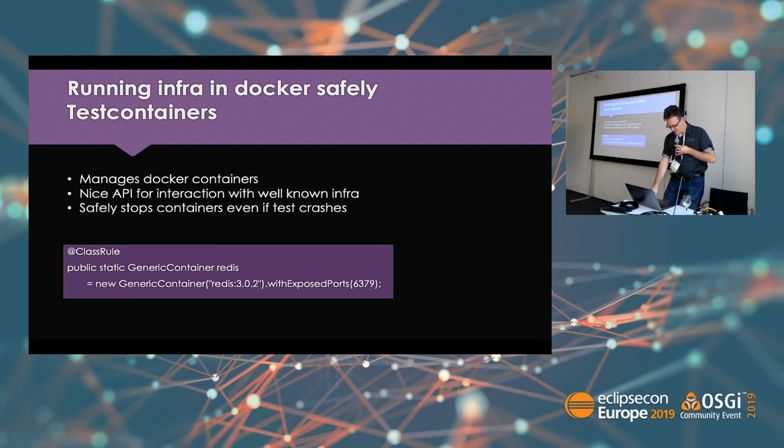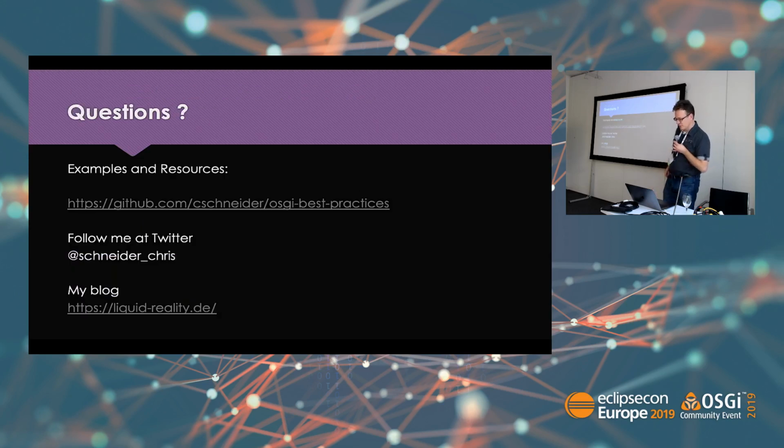So that's basically all from the slides. I can also look into the examples a bit because we have a bit of time left. You can also look into the examples yourselves. It's in the OSGi best practices example. I started these with my other talk on Thursday about how to build an application, and I just added the tests to this same example because you need something to test anyway.